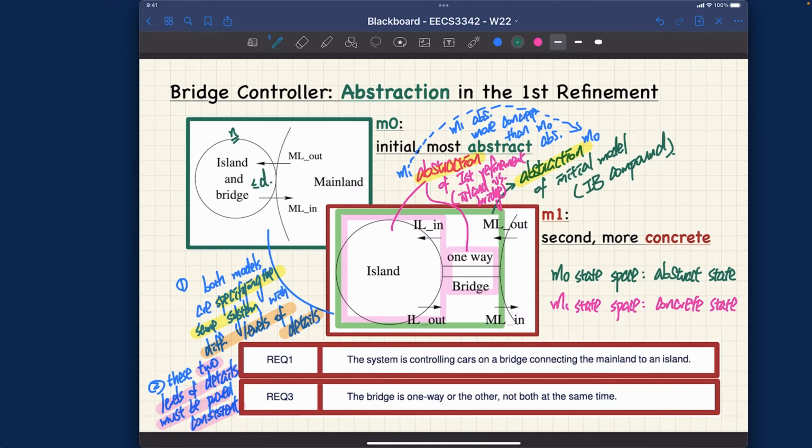And now when we talk about the refined model, even though we are talking about two distinct pieces, the island and the bridge, we're still talking about the D. So what would the D confine? It will confine not just the number of cars in the island or just the number of cars on the bridge, but their summation, right? So the D has this particular meaning.